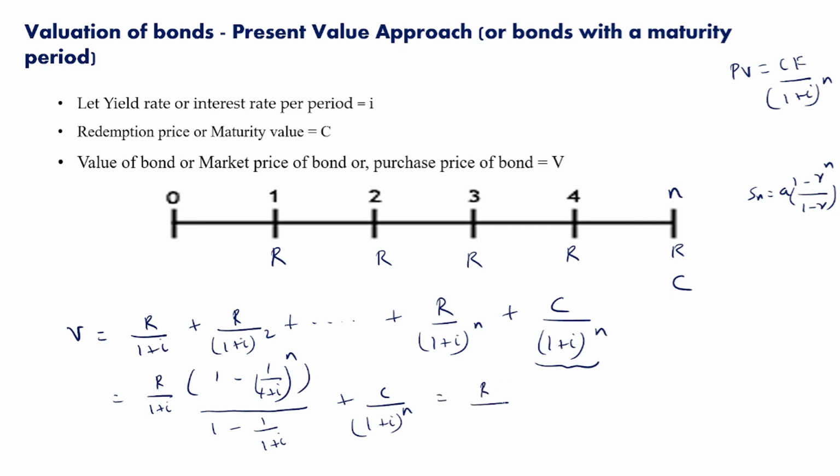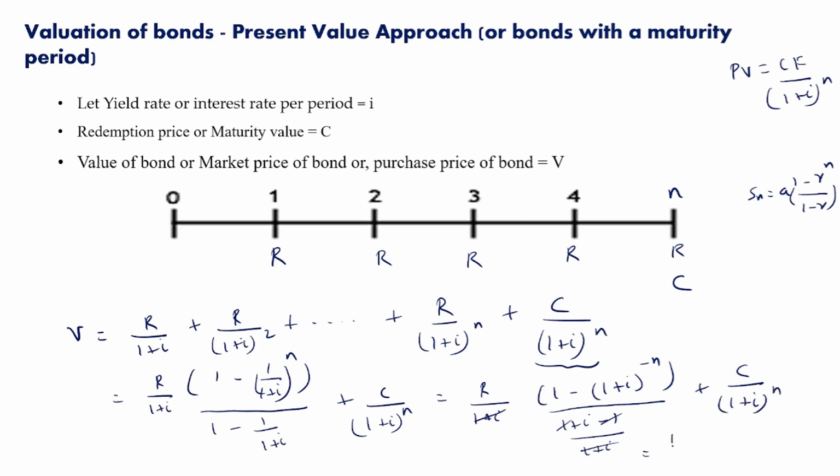So this is equal to R by 1 plus I into 1 minus 1 by 1 plus I the whole raised to n, we can write it as 1 plus I the whole raised to minus n upon, if we take LCM, we have 1 plus I minus 1 upon 1 plus I. This 1 plus I, this 1 plus I will cancel, 1 minus 1 will go, plus C upon 1 plus I the whole raised to n.